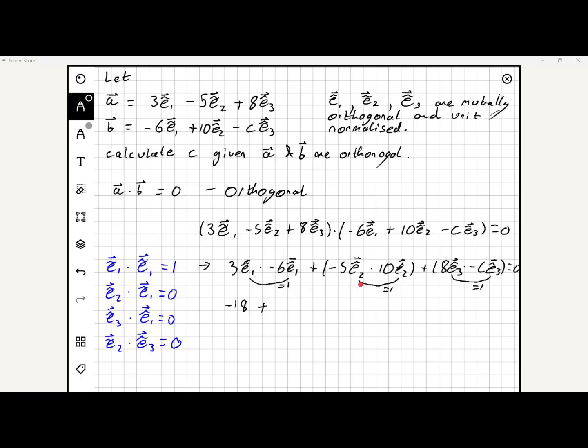So for the E2s, we're left with minus 5 times 10, which is minus 50. And then finally, we're left with minus 8C for the E3s. All of that is equal to 0. We'll shift over the natural numbers onto the other side to get 68 equals minus 8C. So that leaves us with C is equal to minus 8.5.